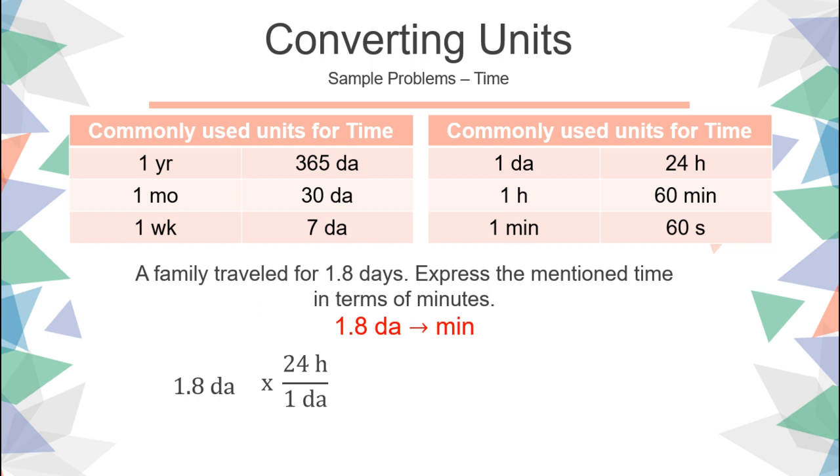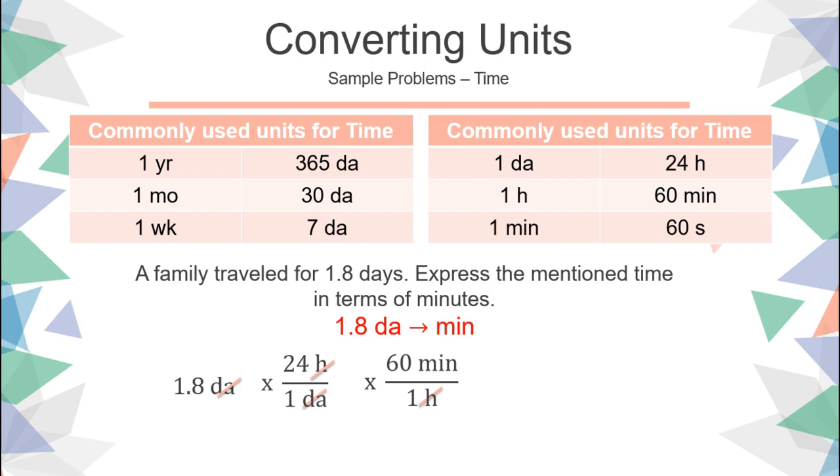That is times 24 hours for 1 day. Day goes at the bottom, because day is the given unit. So, they cancel. Hours we put at the bottom, which is another conversion factor, then the equivalent minutes on top, because minutes is the unit we are looking for. Cancel, cancel, hours, hours. Then we are left with our desired unit, which is minutes.